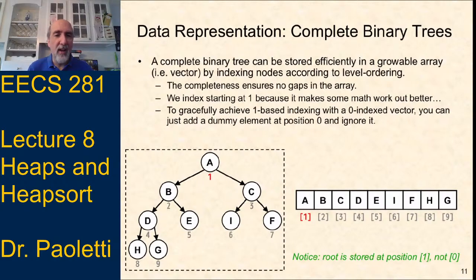The completeness property means we've got no gaps in our tree, and when we want to achieve 1-based indexing with a 0-indexed vector, one thing we could do is add a dummy element at position 0. Index 0 exists, but I put some default value in it and I never look at it.